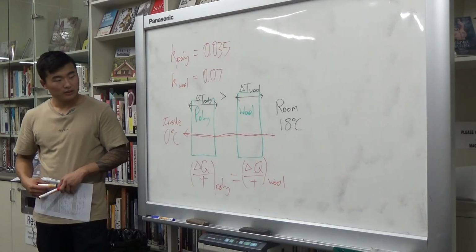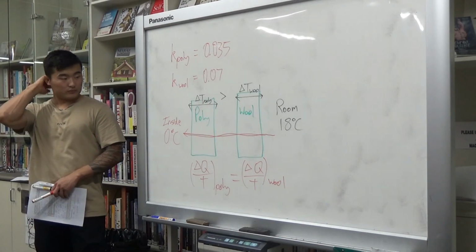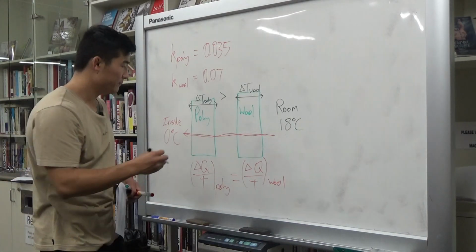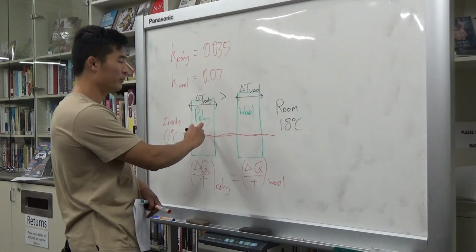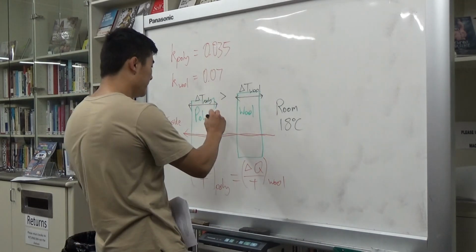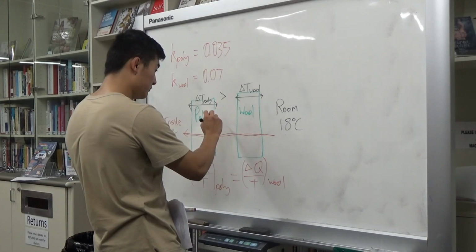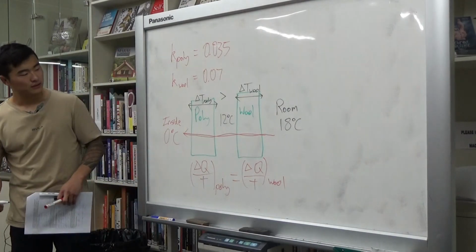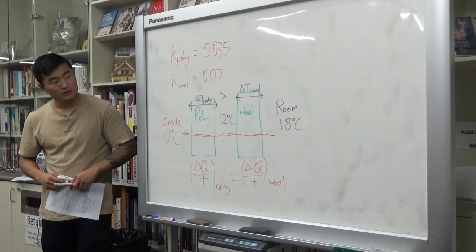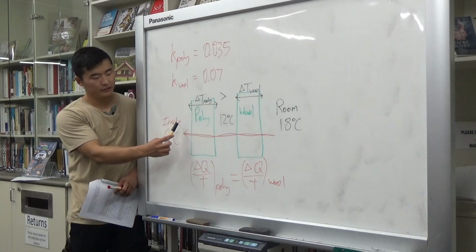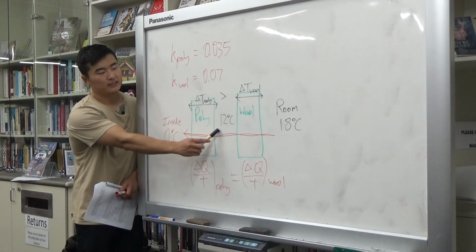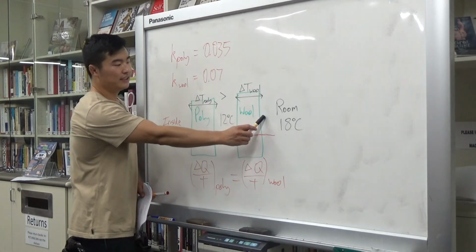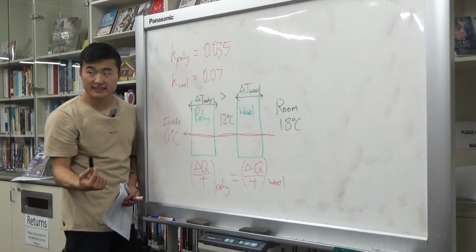Okay. So let's say, for example, the air in between the polystyrene and the wool could be, let's say, 12 degrees Celsius, right? So the difference between the inside and this side is going to be 12 degrees, while the difference between this side of the wool and this side of the wool is going to be 6 degrees.